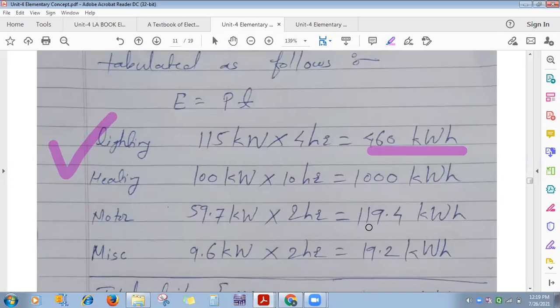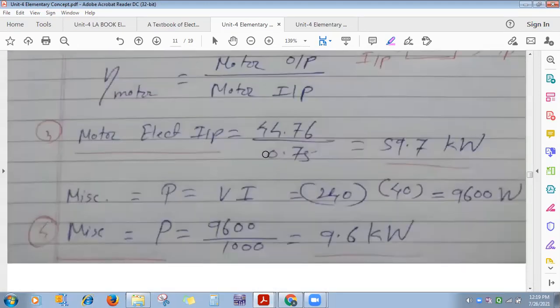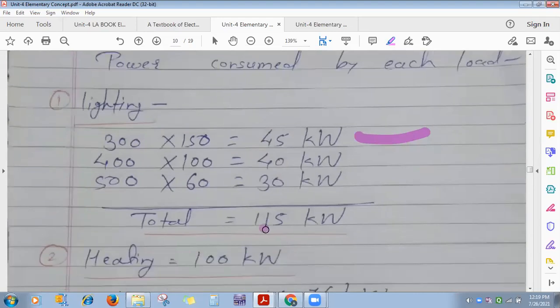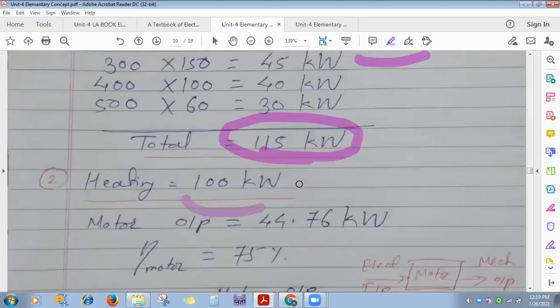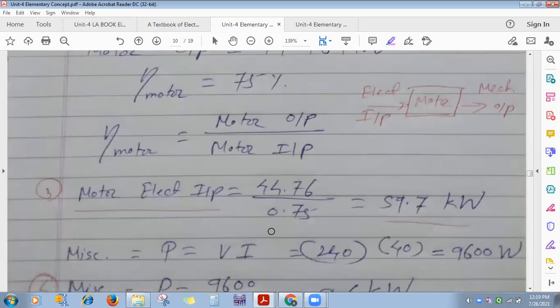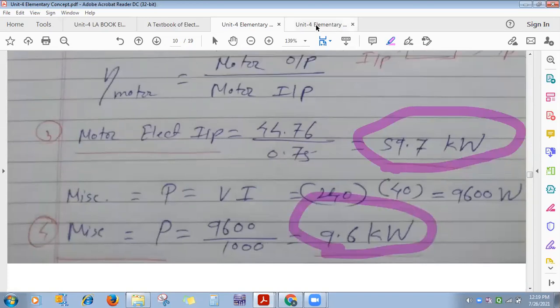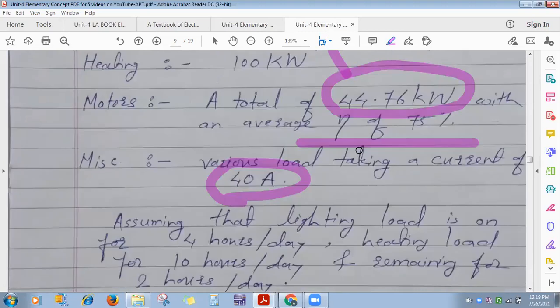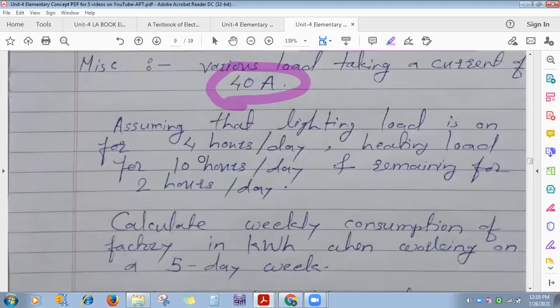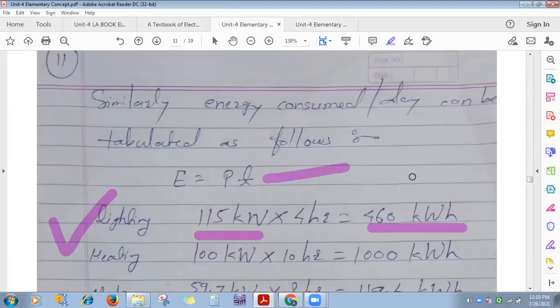Yes, ma'am. Okay, you can calculate energy, because energy is equal to power into time. Power in kilowatt we have already calculated: 115 kilowatt for lighting, 100 kilowatt for the heater, 59.7 kilowatt for the motor, and 9.6 kilowatt for miscellaneous. The duration is already given: lighting load 4 hours per day, heating 10 hours, and 2 hours for the rest. So power into time gives energy in kilowatt hour.